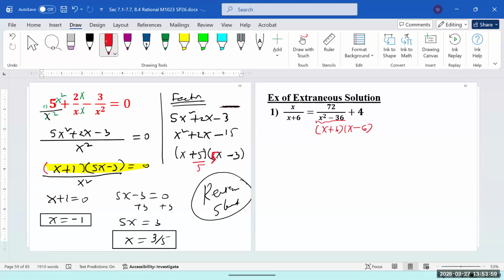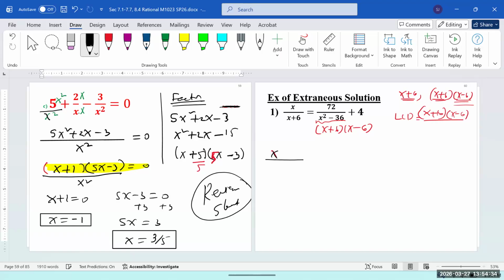Then let's observe, we have x plus 6 in one group and x plus 6, x minus 6 in another group. So what is our LCD? We see the same thing, so we take x plus 6, and then something different, so we take x minus 6. If it's the same thing with multiple powers, you take the bigger power. But if it's the same thing, just take one of them. What people like to do is this.